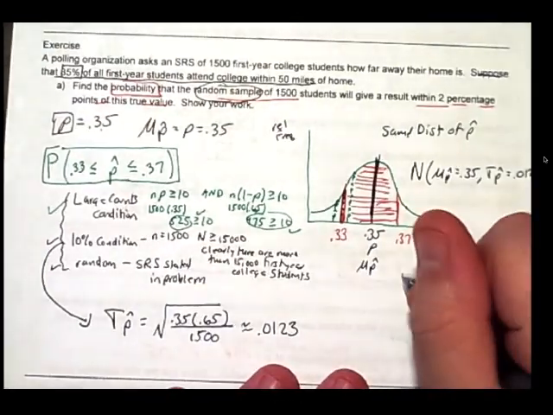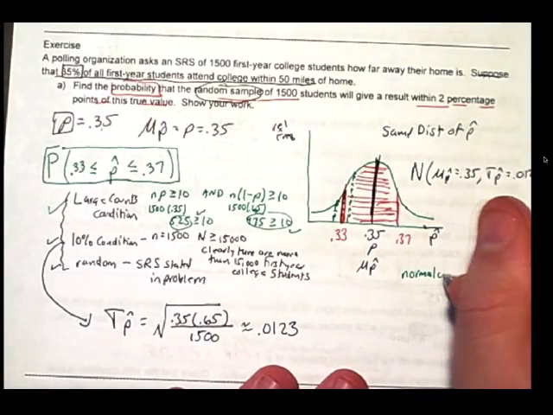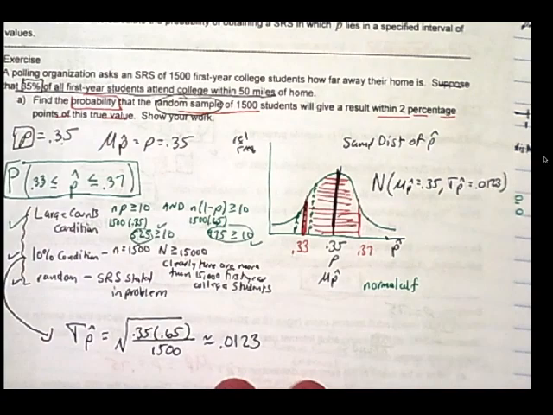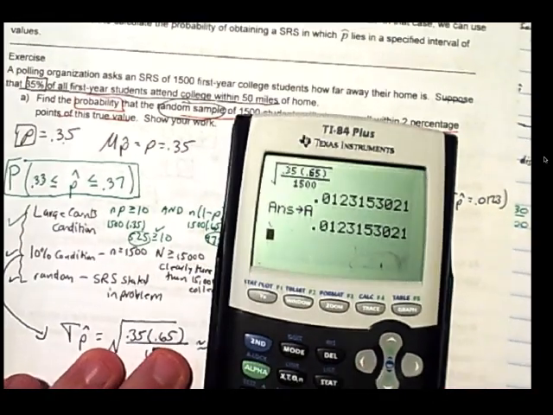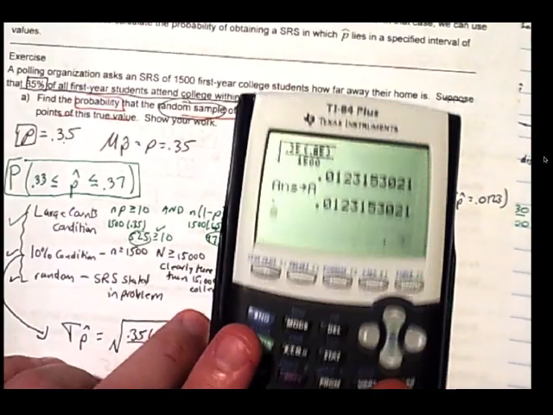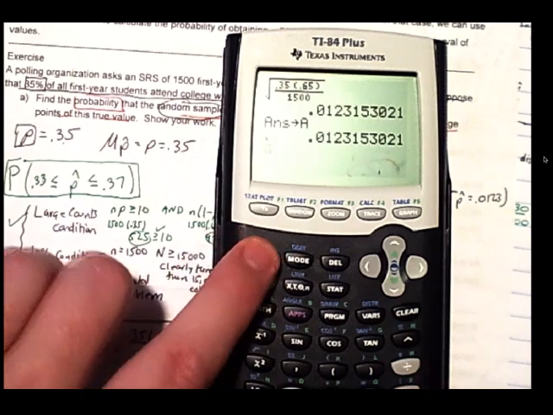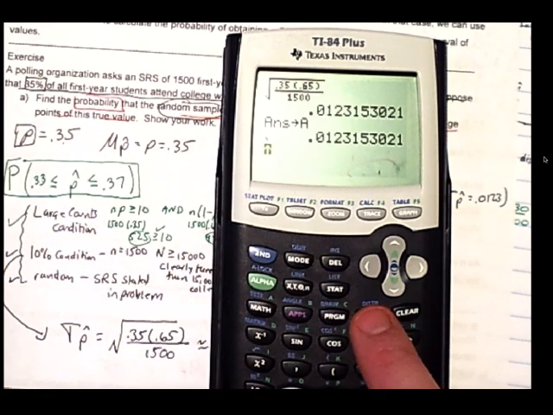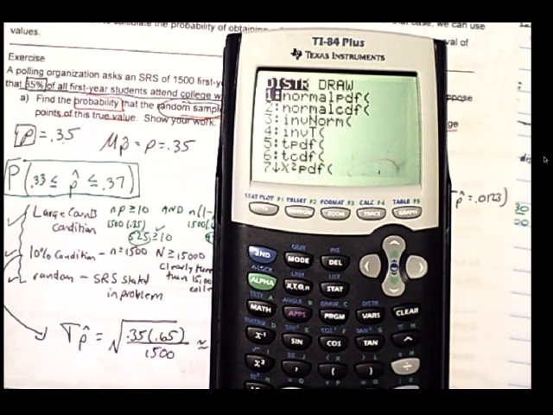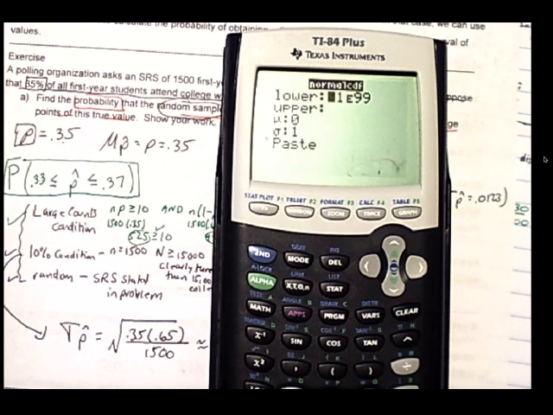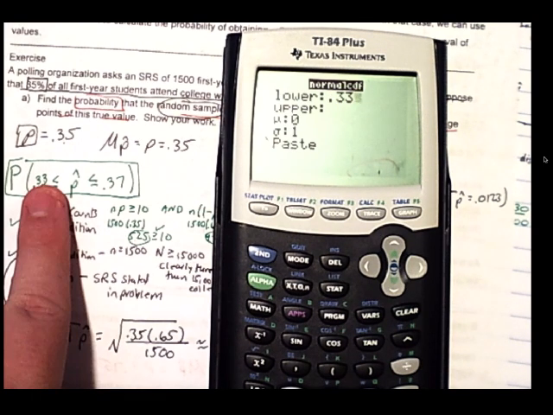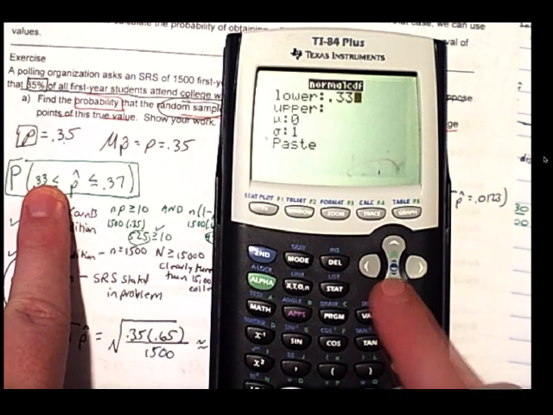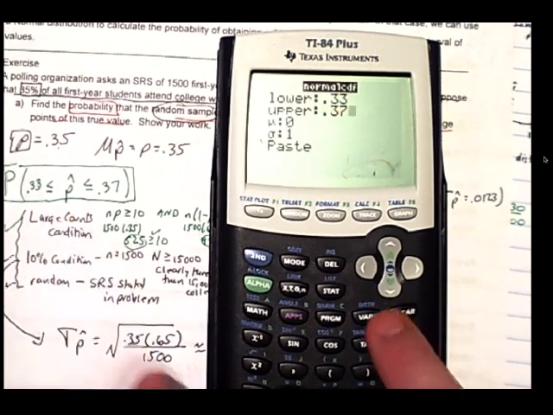So in the calculator, I'll go normal CDF command. How do I get there? I hit second, then the vars button because it says distributions above. I would choose option 2 for normal CDF. The lower boundary is 0.33. The upper boundary is 0.37.